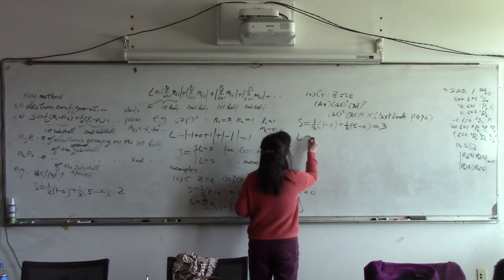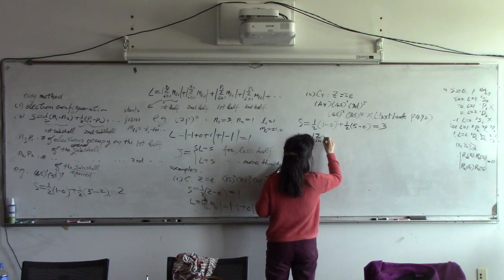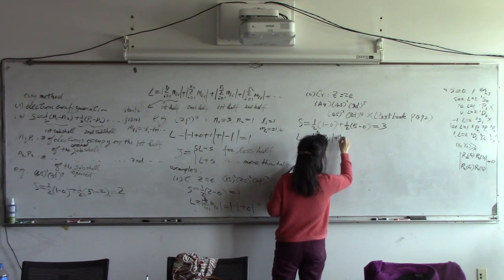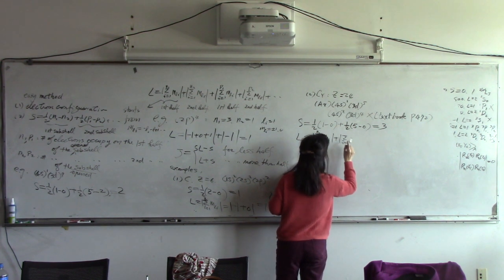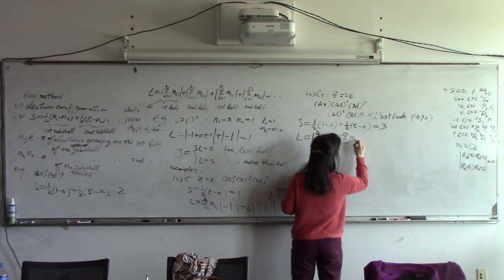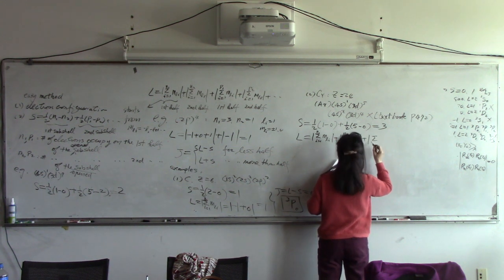Okay, then L. We have several subshells. So now the sum of mℓ_i from 1 to the first half, plus the sum of mℓ_i from 1 to the second half, and we have two subshells.